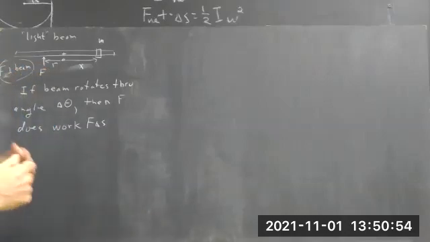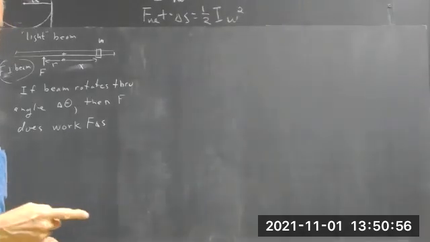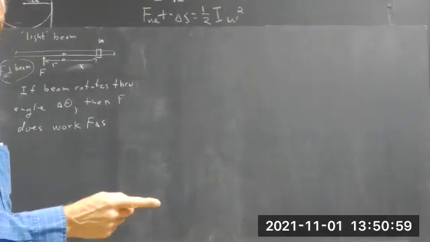F is steady, perpendicular to the beam, so I follow the beam around. My finger always remains perpendicular to the beam.